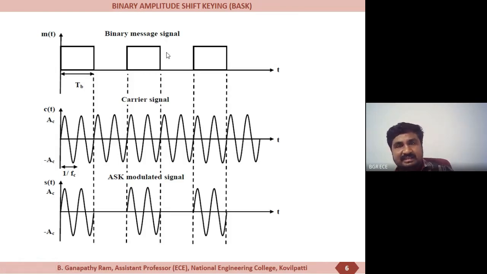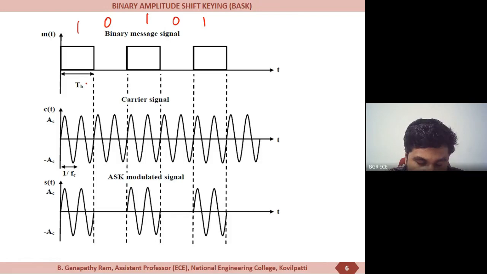Let us see the graphical representation of an ASK signal, in which we are going to discuss the transmission of the binary information 10101, where each binary data bit is represented by TB, called the bit duration. Let the carrier signal be represented like this.